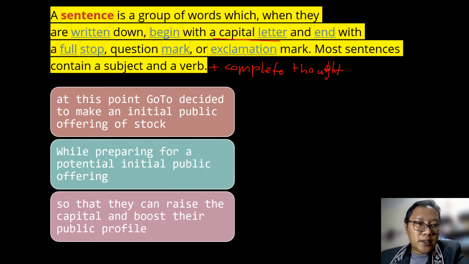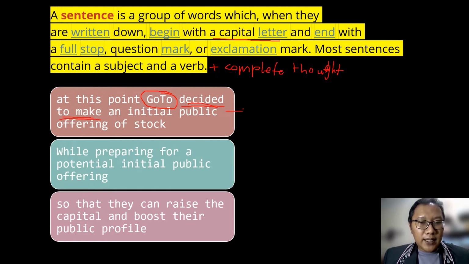So let's take a look back at these three statements that we had at the beginning of this video. At this point, GoTo decided to make an initial public offering of stock. If we look here, we have the subject and we have the verb, decided to make.